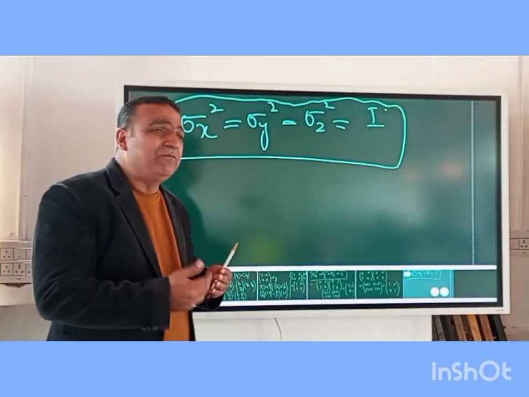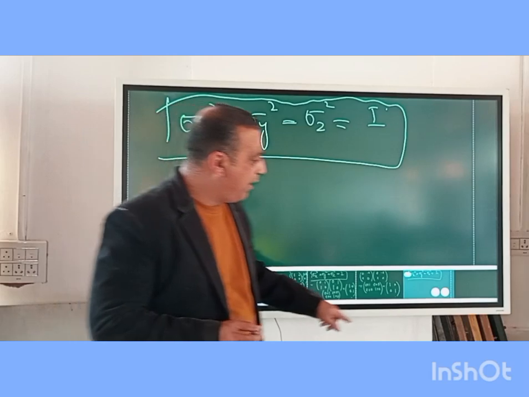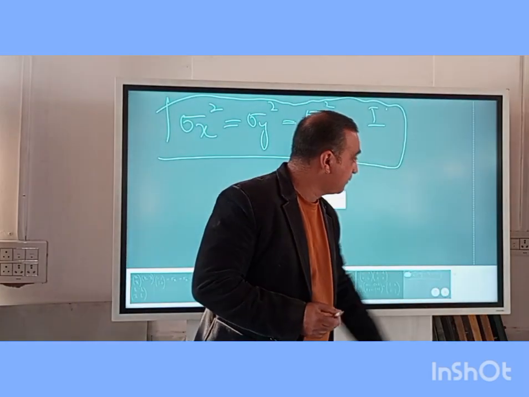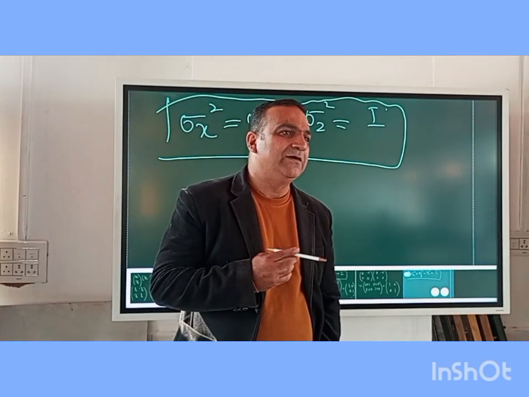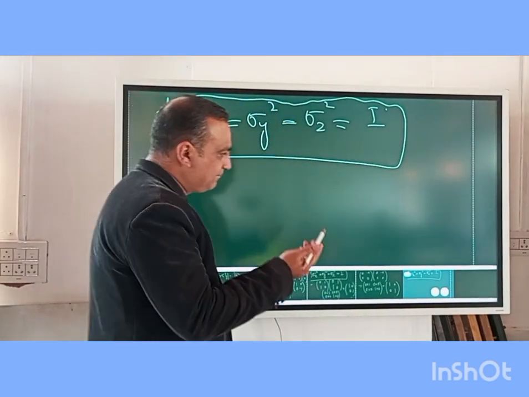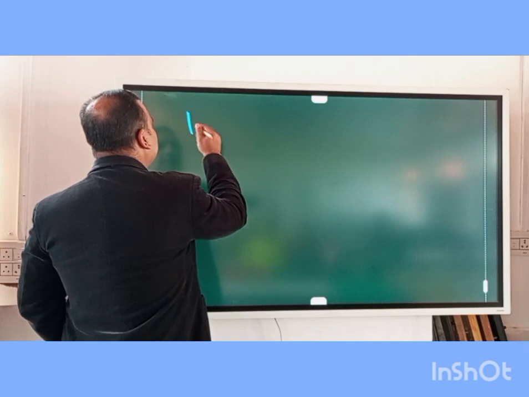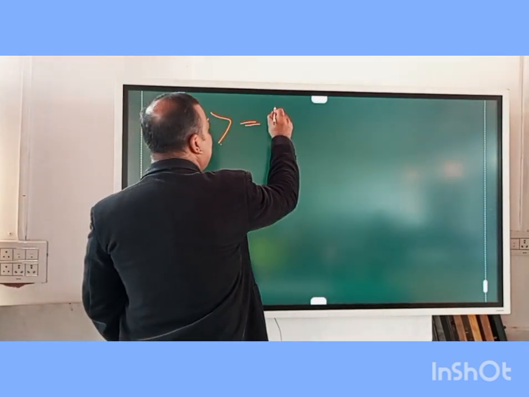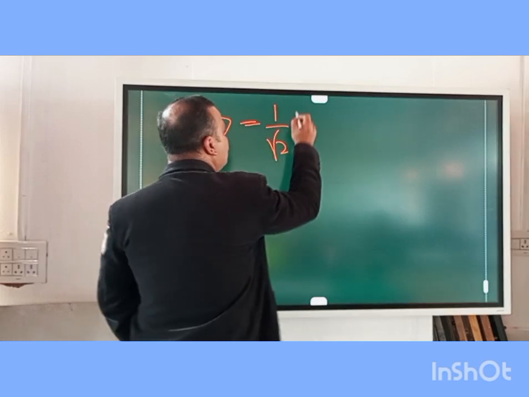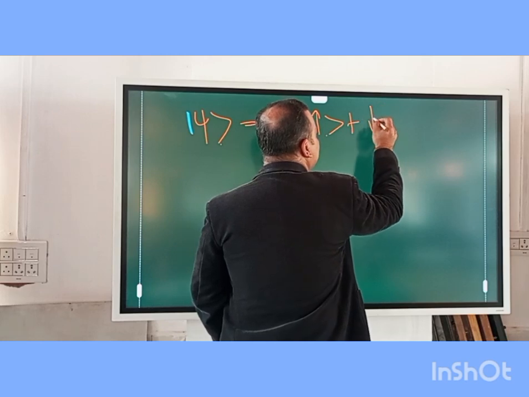What is the probability for an electron to have spin up? What is the probability for an electron to have spin down? So if I start my argument from a state vector psi, and this psi is 1 by under root 2 times spin up plus spin down.